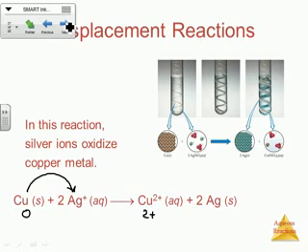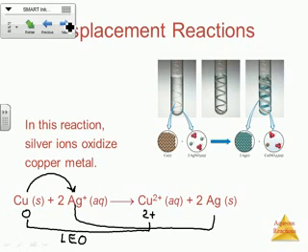If this goes from a 0 to a +2, the only way that can happen is if it's losing electrons, so that's oxidation. Then the silver here is going from a 1+ to a 0 oxidation state because it's going into its elemental form, and the only way for it to reduce charge is to gain electrons. So this is being reduced.